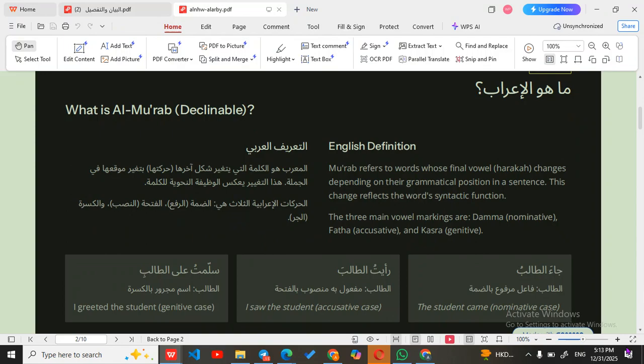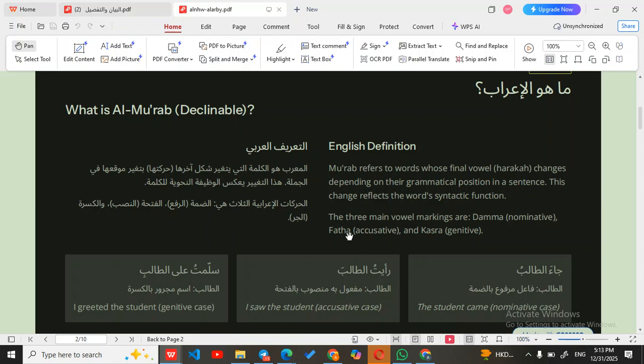So mu'rab is a word whose final vowel changes depending on its grammatical position in a sentence, and these changes reflect the word's syntactic function.